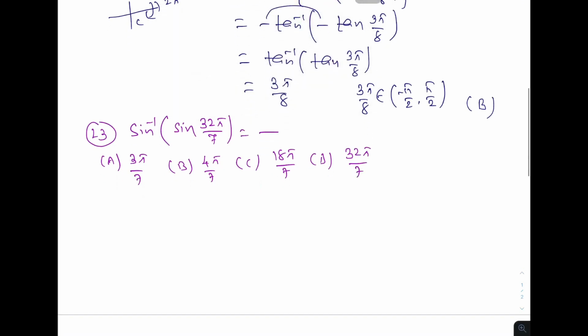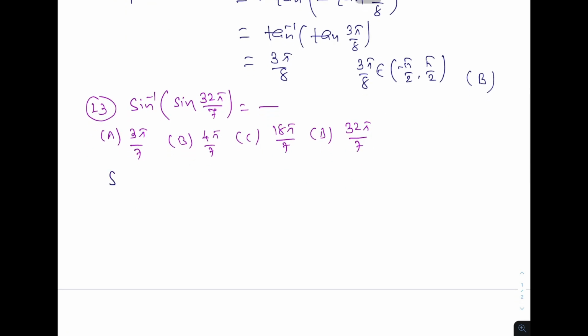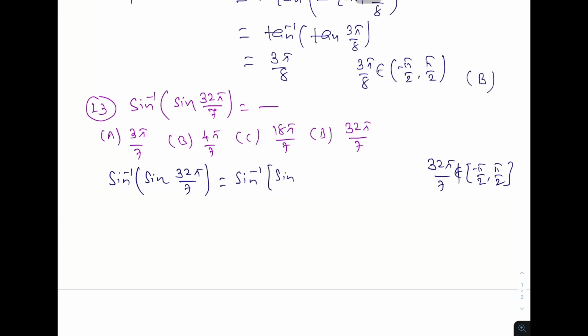Okay, so sine inverse sine of 32 pi by 7. Now 32 pi by 7 is not in the closed interval minus pi by 2 to pi by 2. So again we need to adjust this. So sine inverse sine, now can we write, 7 5s are 35. So 5 pi minus 3 pi by 7.